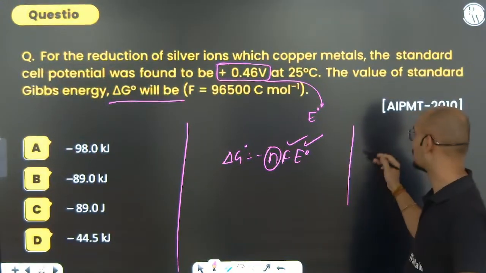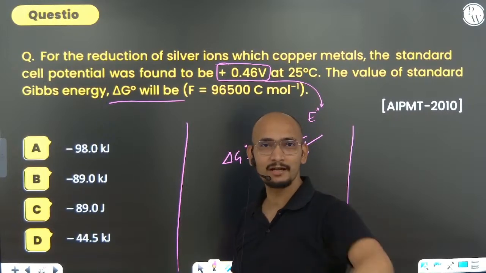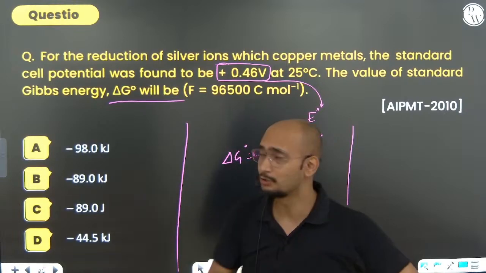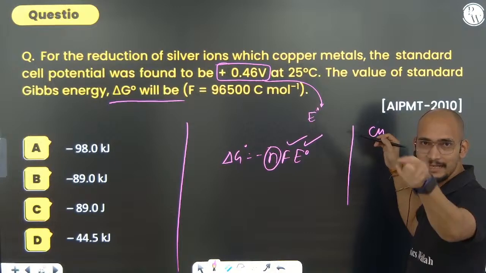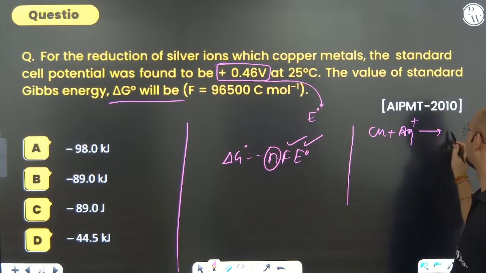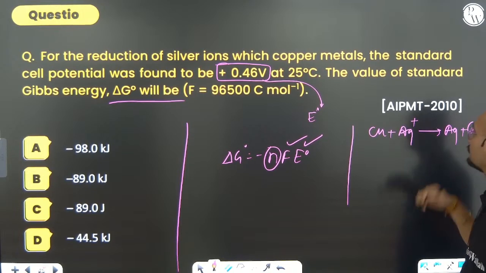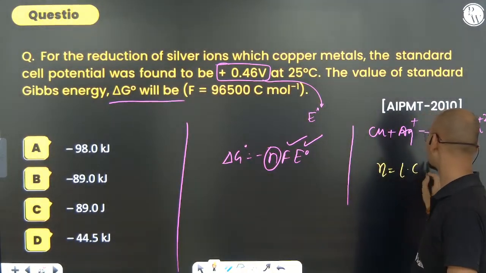Just write the reaction. We all know that in the electrochemical series, copper is placed higher than Ag. So copper will be oxidized while Ag will be reduced. Ag plus will convert into Ag, while copper will convert into Cu plus 2. Always remember, n is nothing but the LCM of 1 and 2.